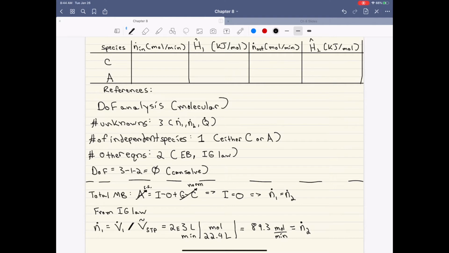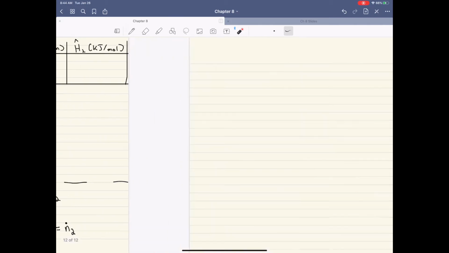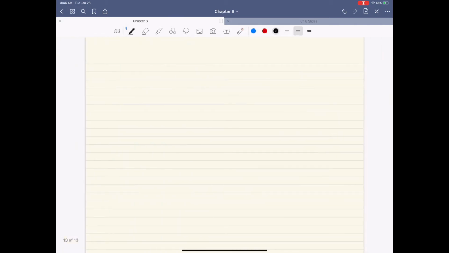Okay? All right, so now we solved for two of our unknowns by using our material balance and the ideal gas law. Well, now the only unknown we have left is that heat flow rate. Okay? So to get that, we're going to turn to our energy balance. Okay. So we're dealing with an open system. So we're going to write out the energy balance for an open system.